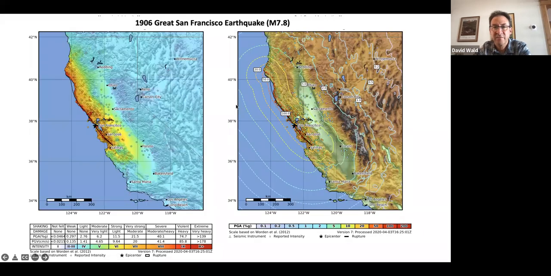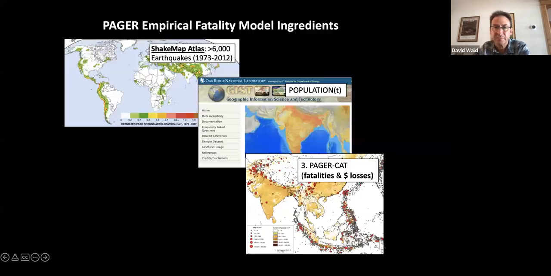So for that magnitude 7.8 San Francisco earthquake, the fault is actually this black line in here, and that's over 400 kilometers long. The shaking along that fault is obviously very, very strong, and that's where the majority of the damage is going to be. So we could take all these historical earthquakes and generate shake maps for those, look at the population at the time of the earthquake, and build a database of the fatalities and the economic losses from each earthquake.